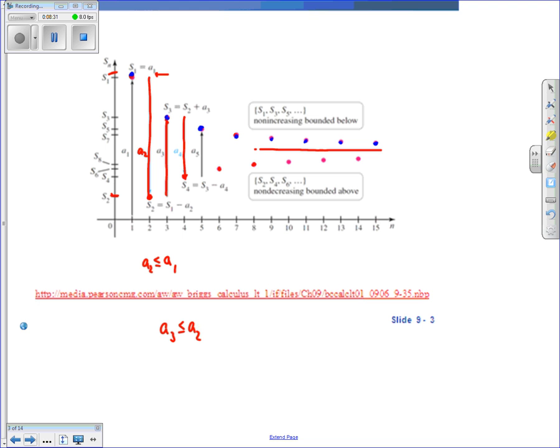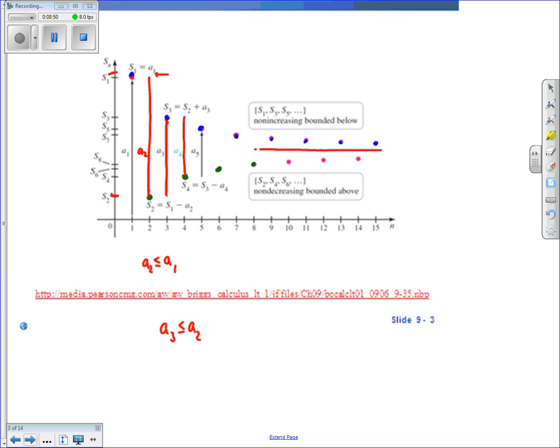We know that if we have a monotonic series, so this one's non-increasing, that's bounded below, we know that it converges. Likewise, let's say we take the sequence that exists of the even numbers. So here's our S2, our S4, our S6, our S8.